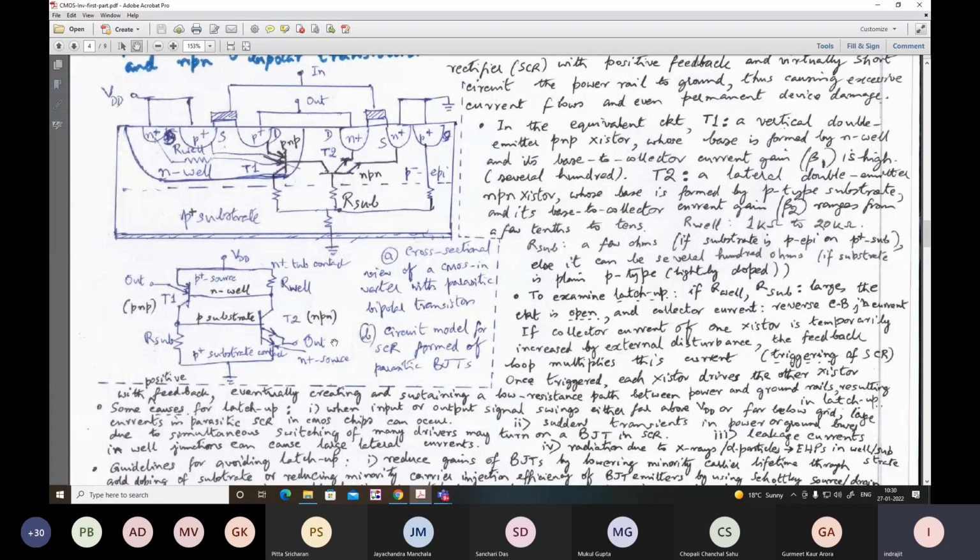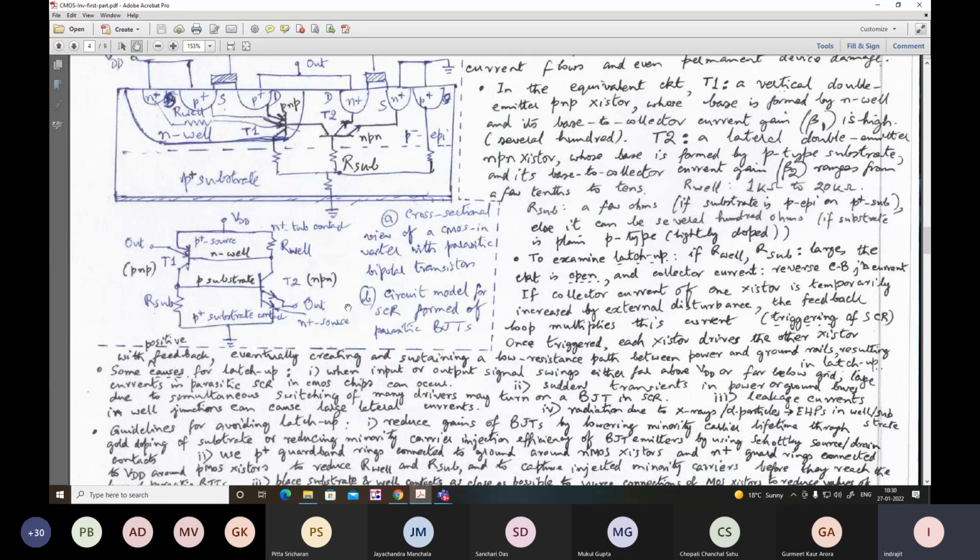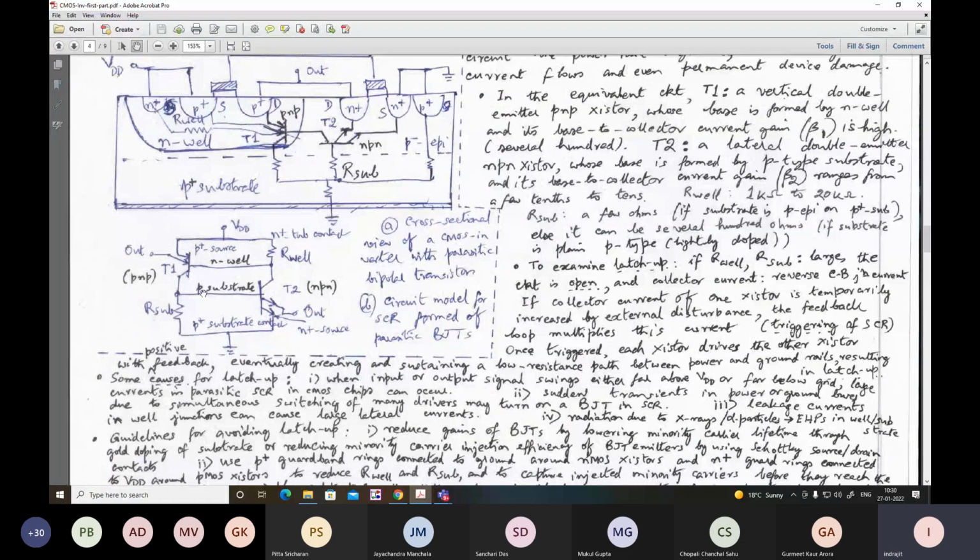We shall see that now. Before that, let us see how the latch up occurs. This is the positive feedback connection, as you can see. This is N type, so for the N channel transistor, the drain is this output voltage. Similarly for the P type transistor.